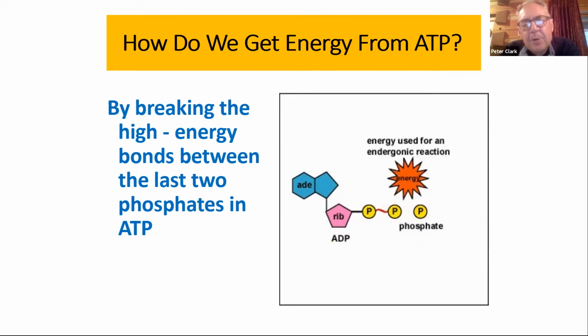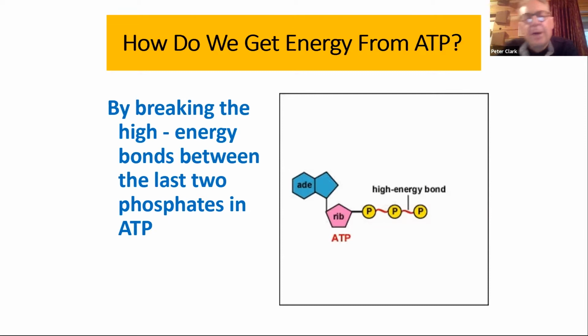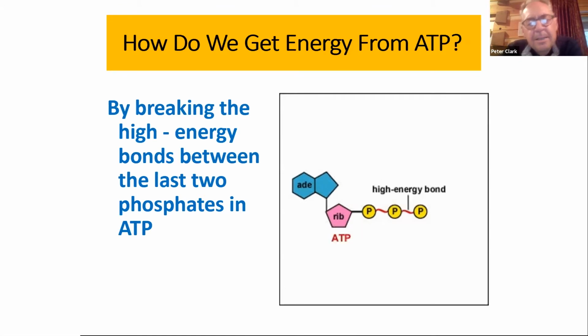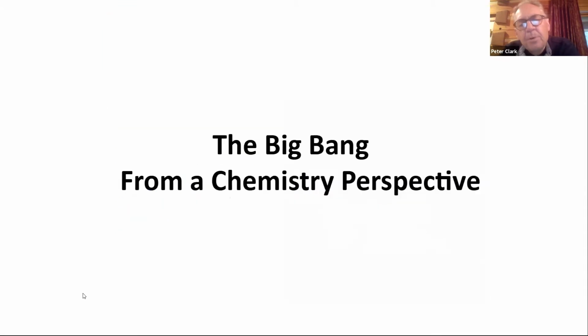And the energy released by hydrolysis of that bond is what is captured in biochemical systems to drive life from its position of equilibrium to then a highly ordered state. Okay, next slide. The important thing about that slide is that phosphate is so important in living systems.